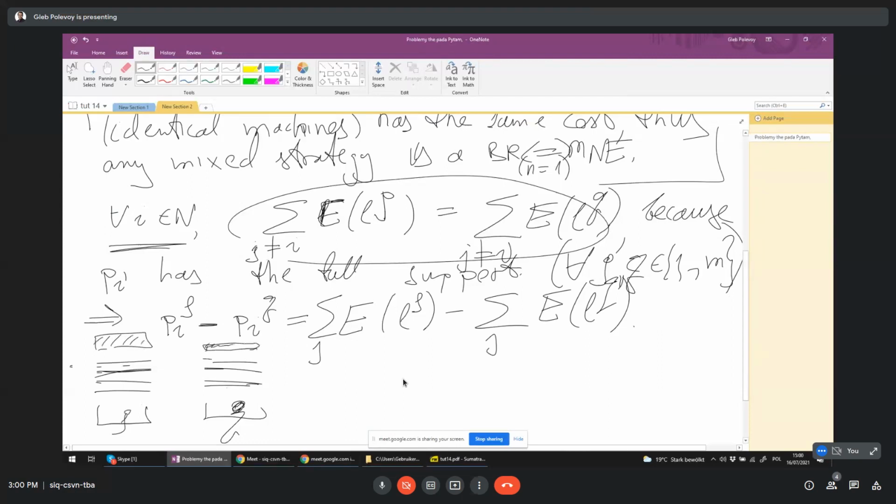But then, since the rest have the same, and player I is the only player who may have some difference, then the total load also, if it's different between rho and Q, the difference is exactly because of player I. Do you understand it now? Yes. Okay, don't worry if you don't, let me know every time, because I realize it can be confusing. It's actually good that I explain it several times.